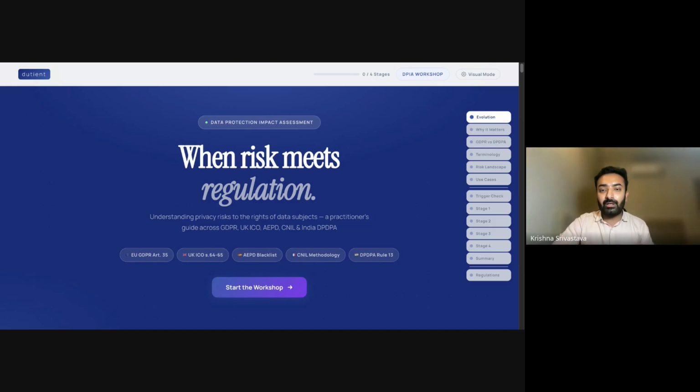When you look at the evolution, you would notice that DPIA exists across jurisdictions, but some people may call it a PIA, some a PRA, some a DPRA, and all of those mean different things in different contexts. Privacy is very contextual. It's not easy because it's so contextual that there is no clear yes or no answer to most questions.